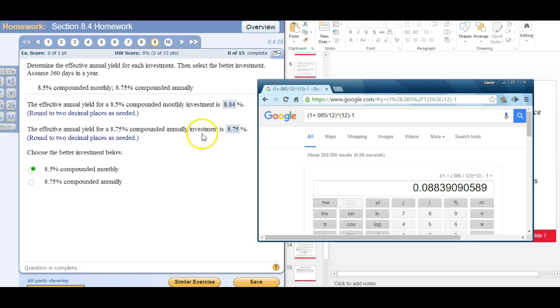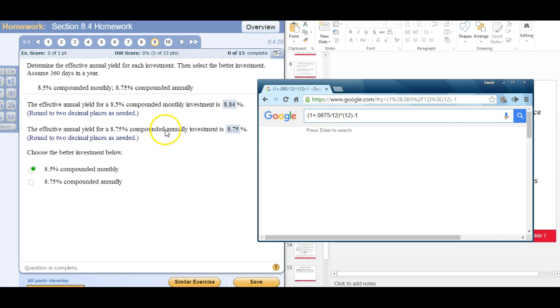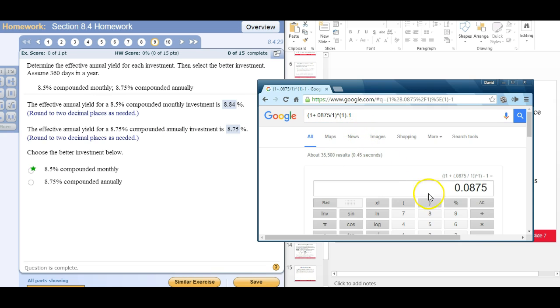And then 8.75%, so sticking an extra 7 in there, compounded annually, so take that back down to a 1, and that down to a 1. And there's our 0.0875. When it's only compounded once a year, that is the yield. The yield is the rate. So we see this is a little bit higher because of the compounding.